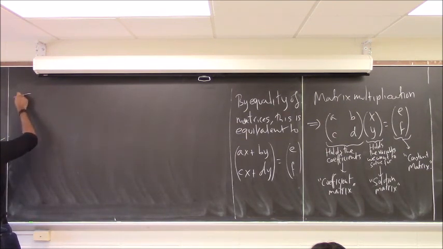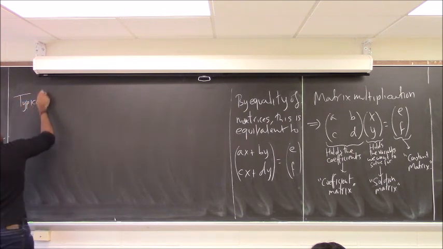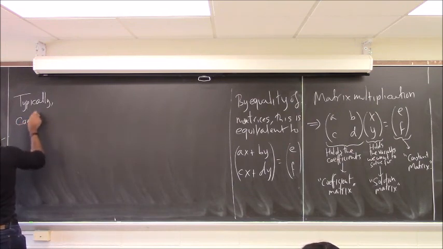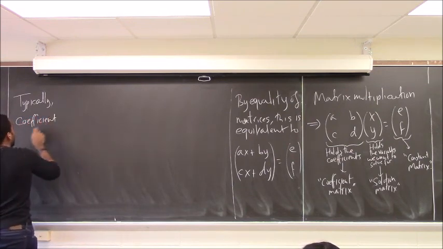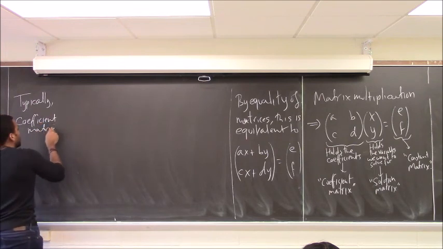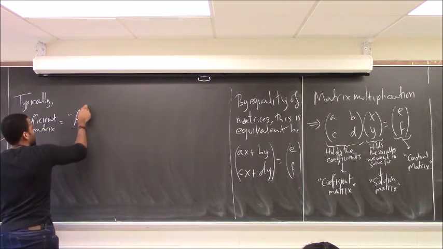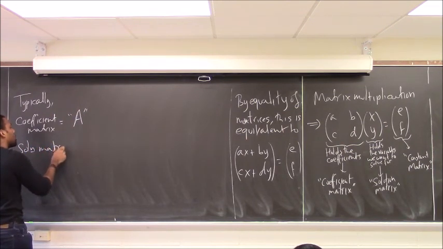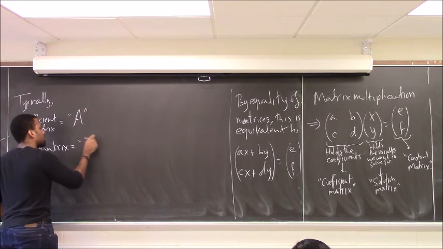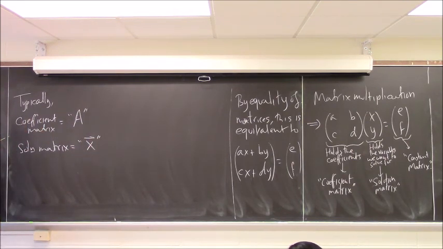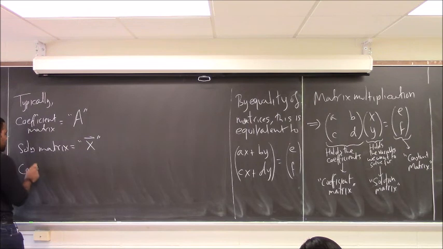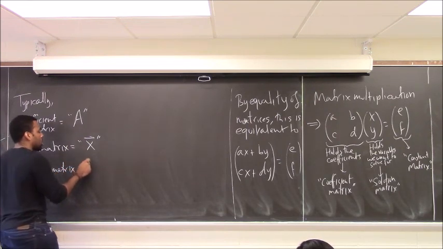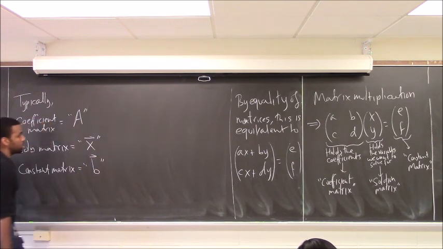So typically, the coefficient matrix, we tend to call it big A, and the solution matrix, we tend to call it X with a vector symbol over it, and the constant matrix, we tend to call it B with a vector over it.